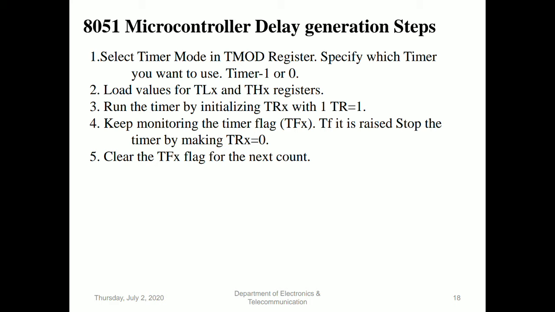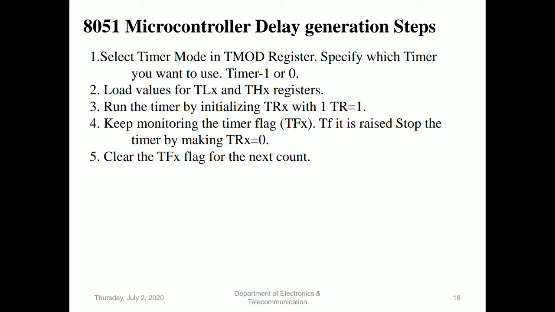If you want to use the timer in mode 0, then select mode 0. If you want timer mode 1, select mode 1, or timer mode 2, or timer mode 3. How is it selected? With the help of the M0 and M1 bits available in the TMOD register. For both timers, separate M0 and M1 bits are available.